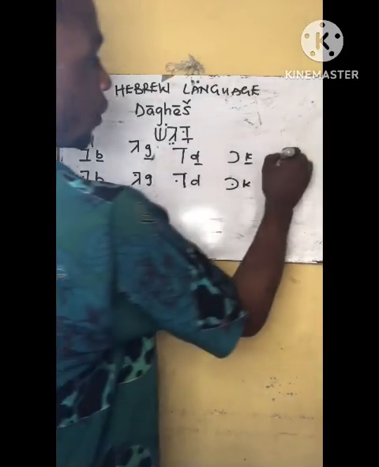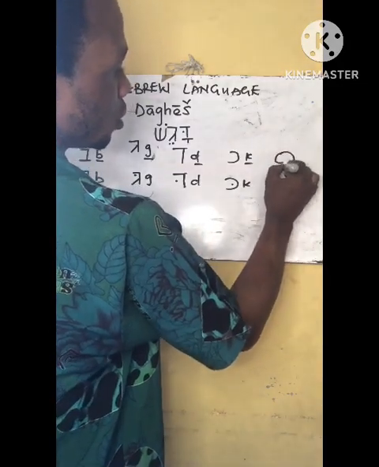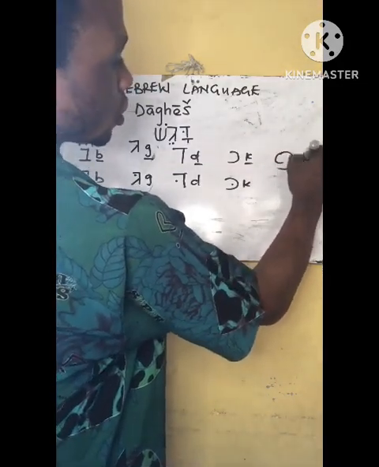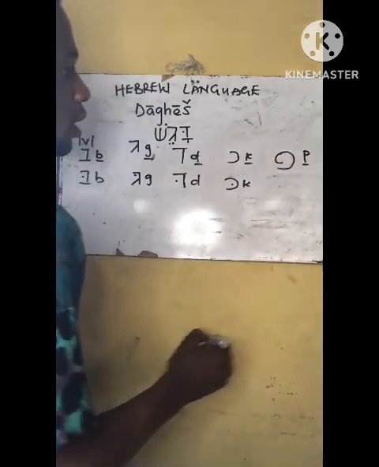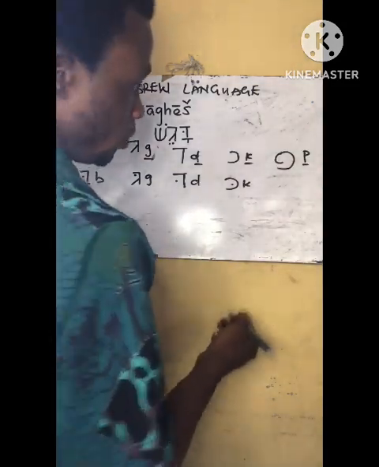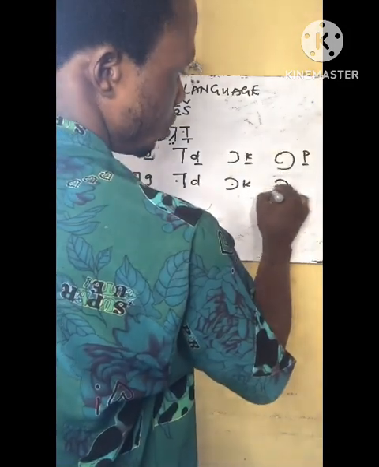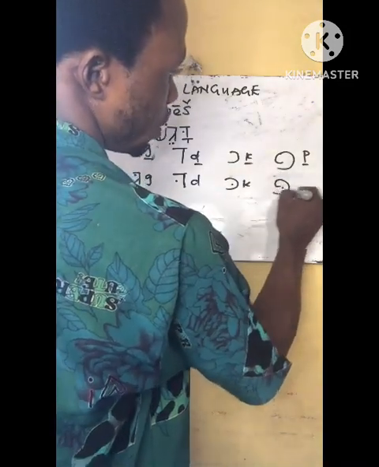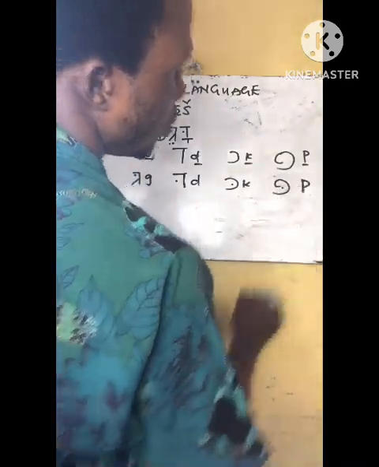We also have fei. It is fei when there is no dot in it, as in aleph. You find that in words like aleph and some other words. It becomes p when there is a dot in it.